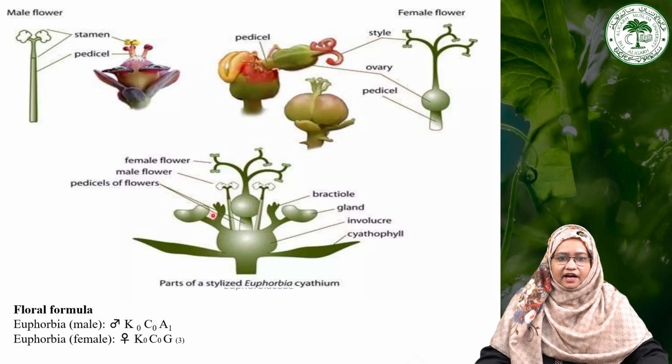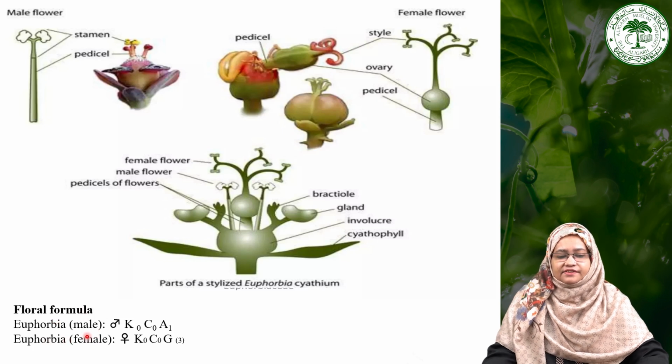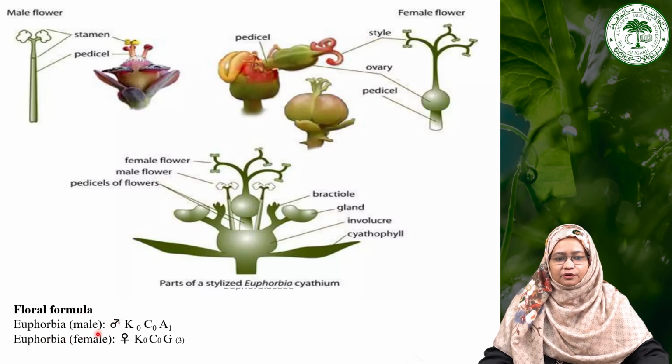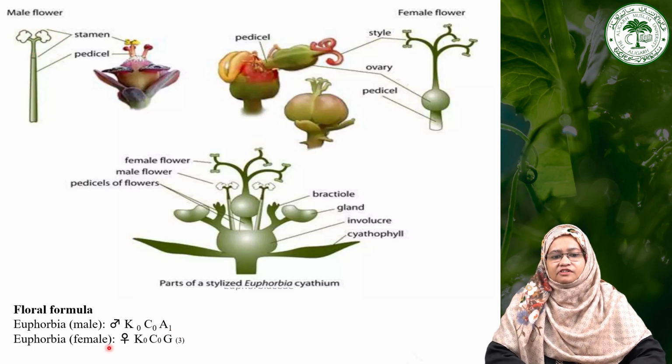So the floral formula: if we see the floral formula of Euphorbia, the male flower has a unisexual condition, there is no calyx and corolla, and it has only one single stamen, as we can see here. And the female flower is represented by only a single gynoecium, which also doesn't have any calyx and corolla.